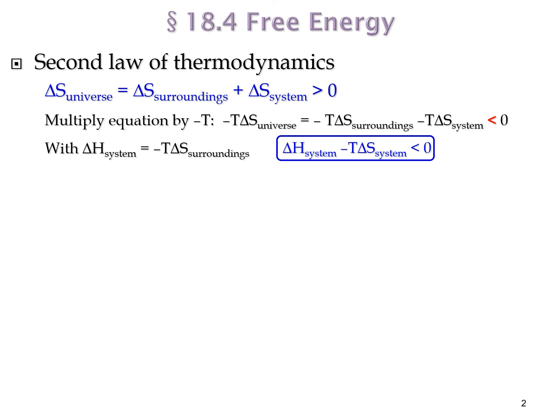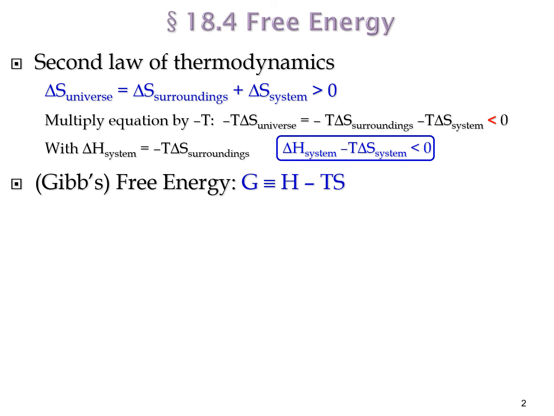But you notice that we have a delta H and delta S in that equation. That is not a good enough mathematical representation. So that is why another state function is proposed, or defined. It is called free energy, G. G also stands for Gibbs.